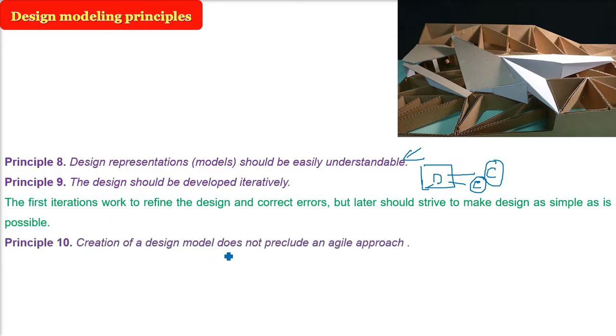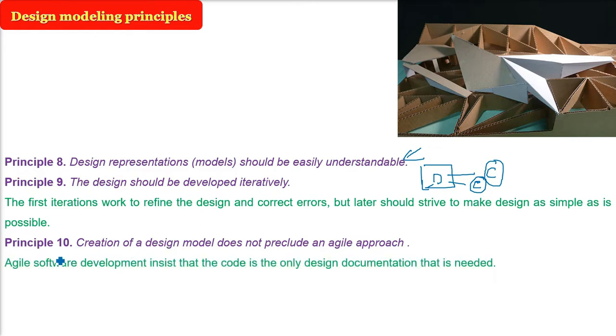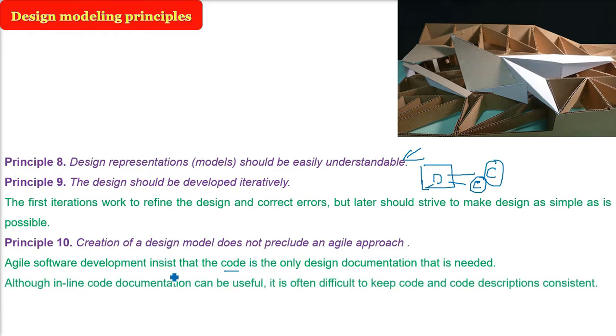Next one is that creation of a design model does not preclude an agile approach. What does it mean? Agile software development or agile methods say that the design should be as less as possible. But if you are writing some inline documentation, if you are writing code and putting in some documentation, that is always welcome.